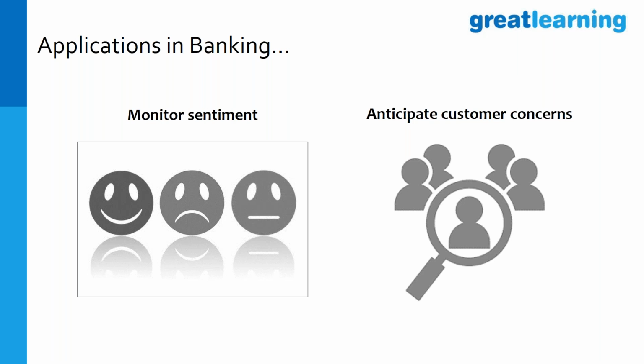So all this information can be used by applying NLP algorithms, and it helps us to discover and parse the customer sentiments and anticipate concerns on a particular product or service.